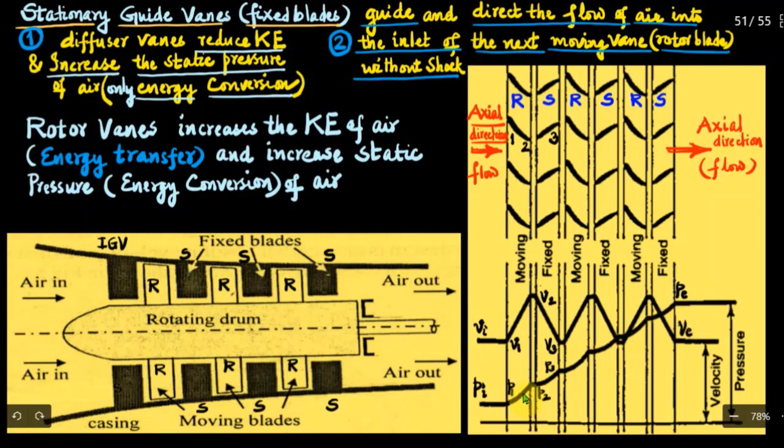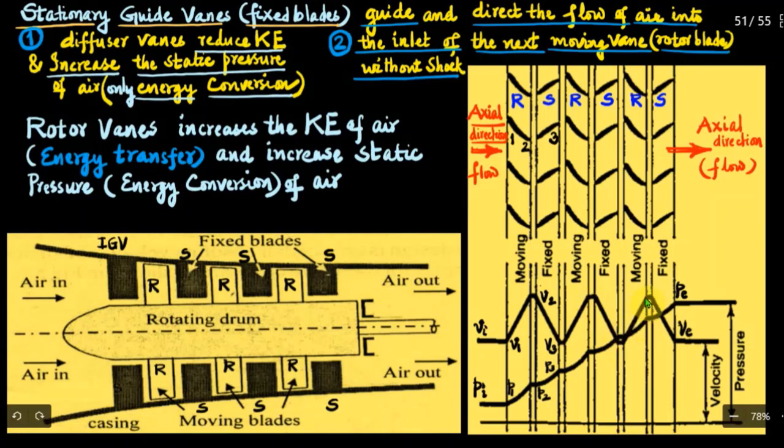From the inlet to the exit, throughout the flow, the static pressure increases regardless of whether it is a stator vane or rotor vane. But what about velocity? Remember the absolute velocity of air. That increases in the rotor blade, but decreases in the stator.